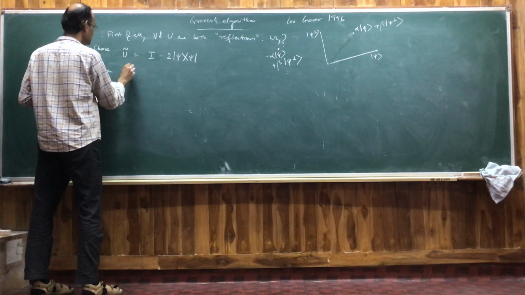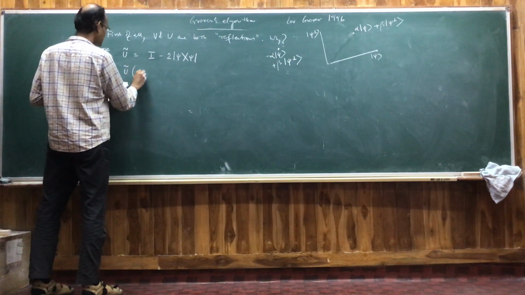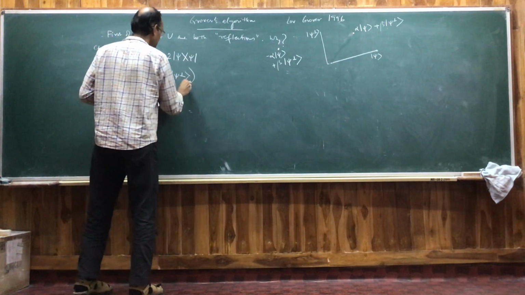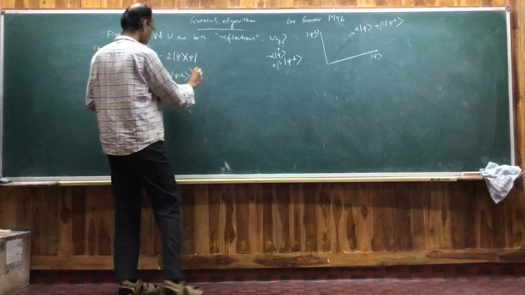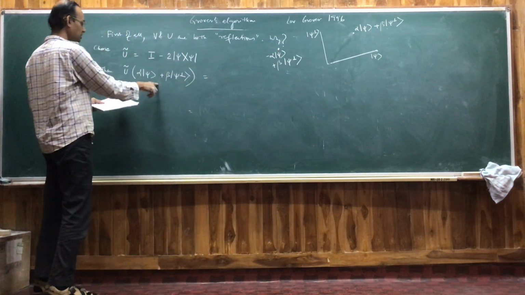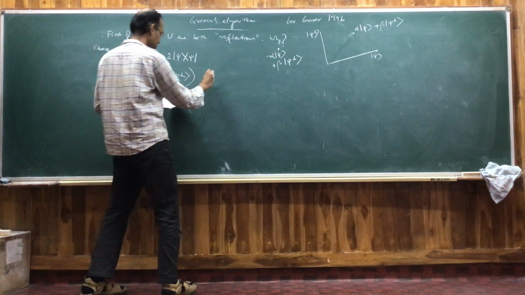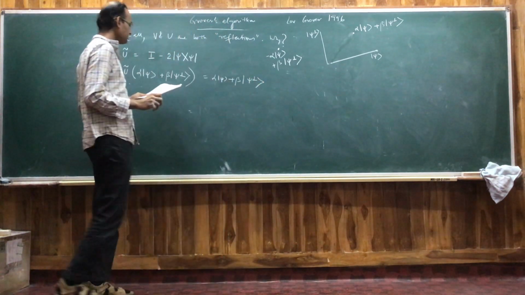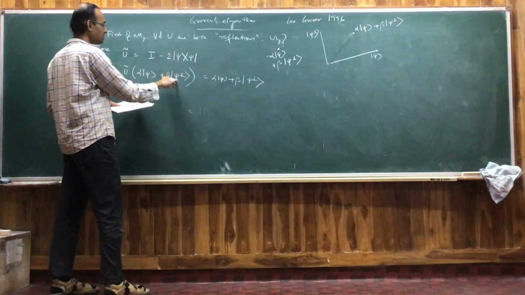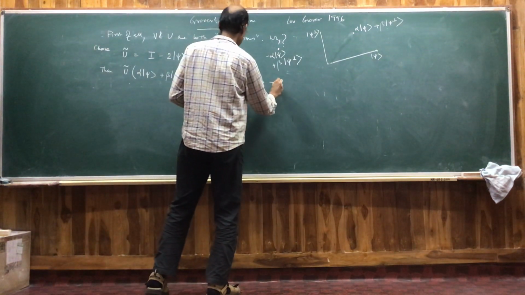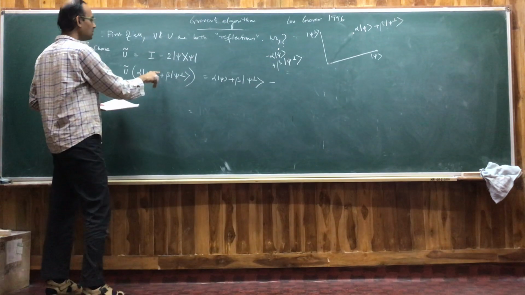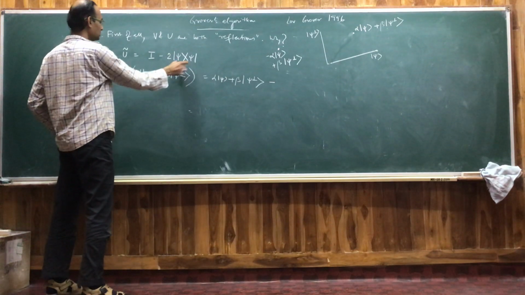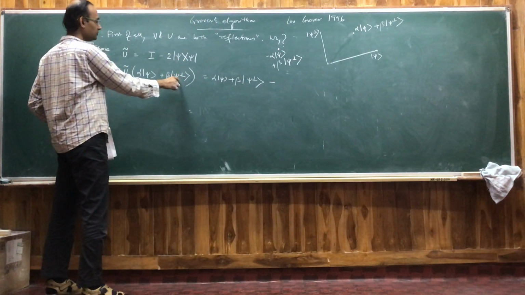Then this u tilde, when it acts on alpha psi plus beta psi perp, will give you, so this thing is acting on this. So this is the identity operator. First it will give you alpha psi plus beta psi perp, and then this will act on this, and this will cancel this off, so this will not contribute.